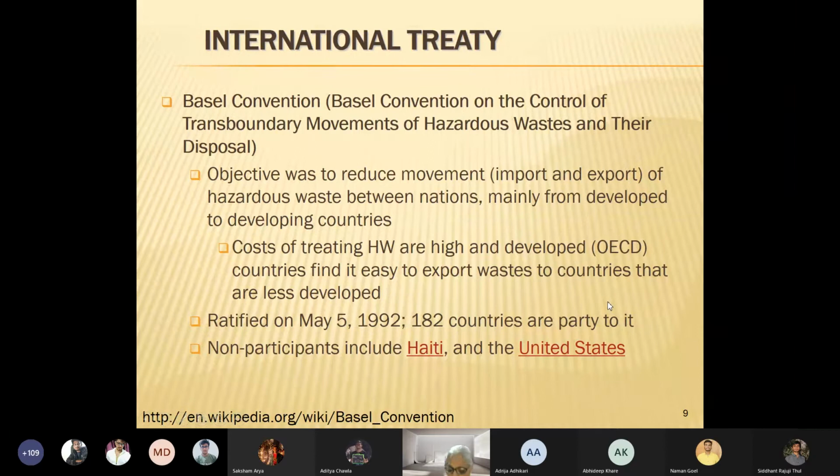But like I said, the most unfortunate part of it is that the economics of the process is the driving force. The cost of treating hazardous waste is very high, and developed countries find it easy to export. And like I said, there's no global policeman, so that doesn't work.